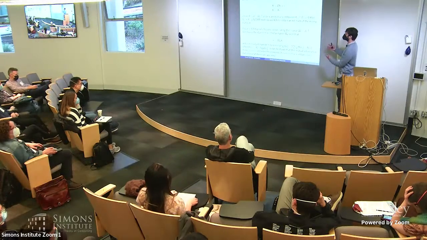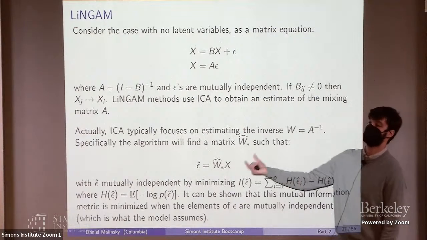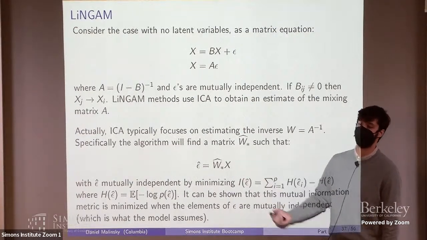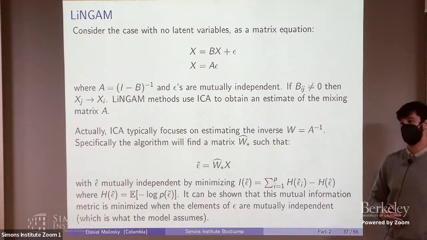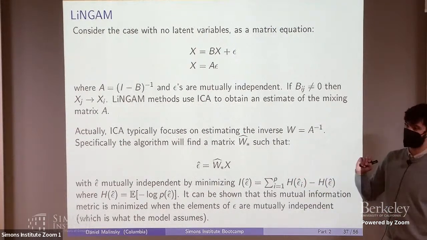Usually one of the basic approaches is using independent components analysis, which I'll describe here. That depends on estimating some matrix such that residuals look independent, and that can be easier or harder depending on the method you use to solve this problem.